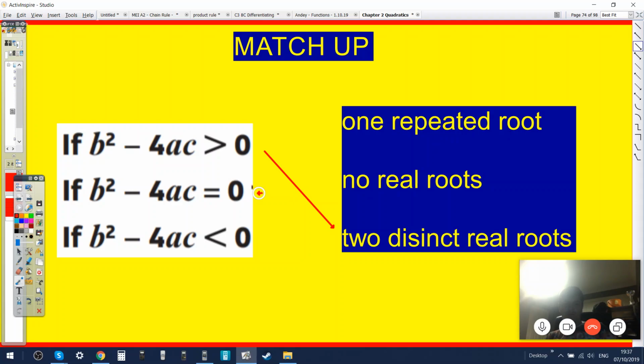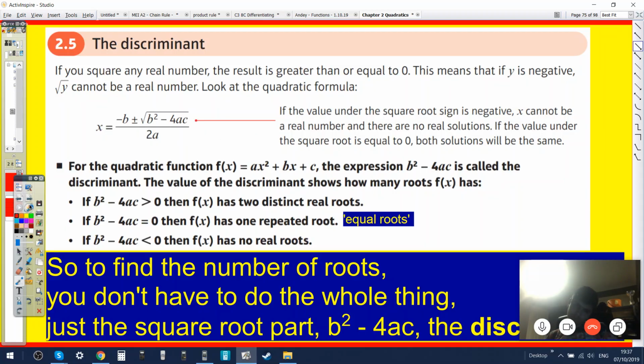Equal, I think. No root, oh sorry, 1 repeated root, sorry. And then the last one goes with no real roots. That's it. Basically if it's negative, no real roots. If it's 0, 1 repeated root. If it's positive, 2 real roots.